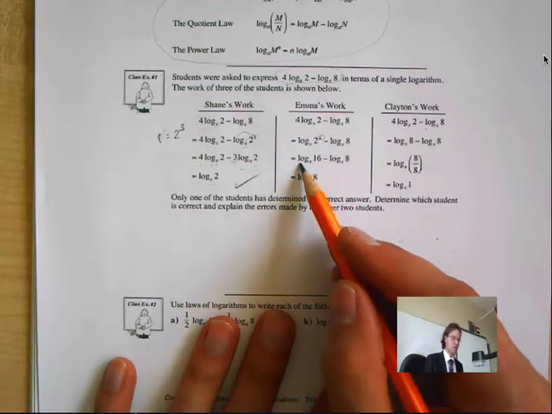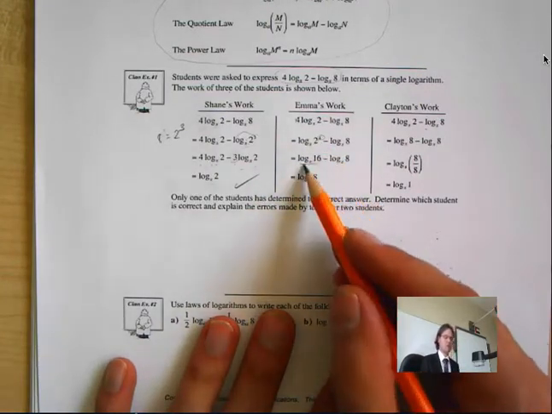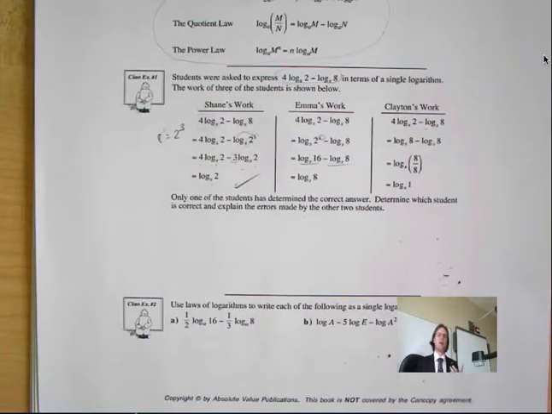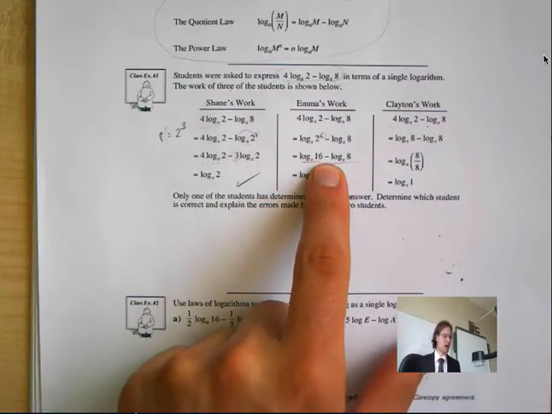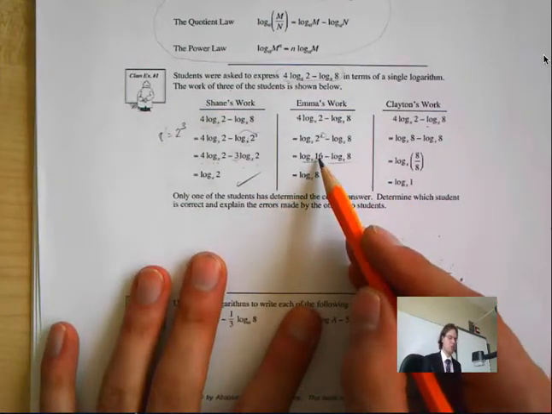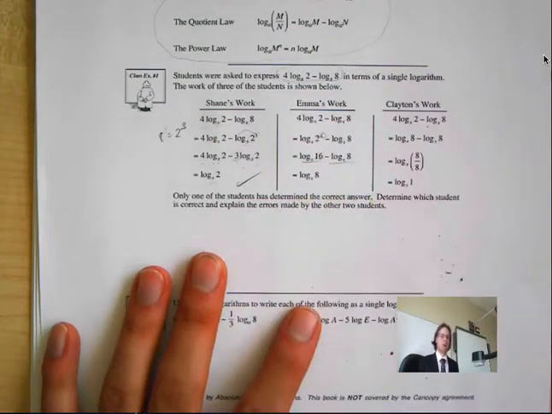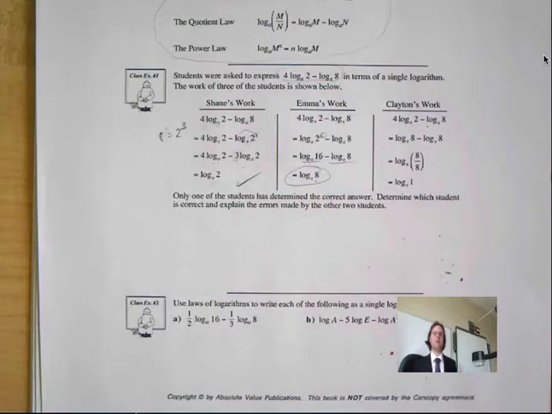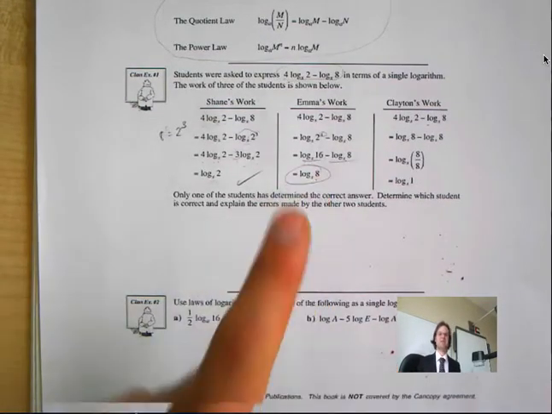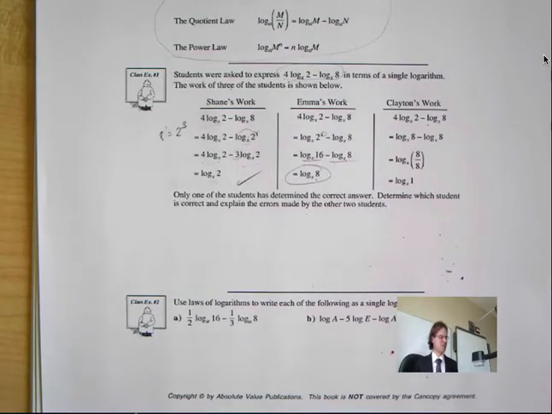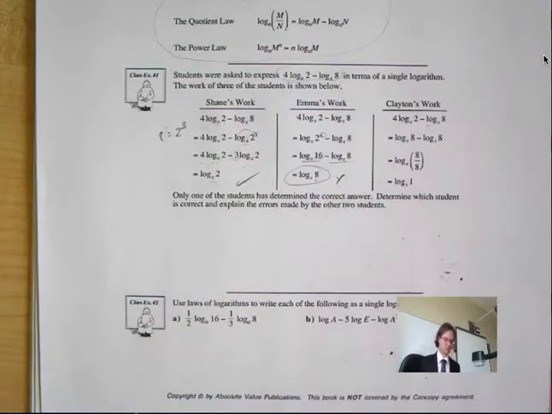So now she has log 16, because 2 to the power of 4 is 16, minus log 8. But now, what happens if we're subtracting? That means division. So we have to go 16 divided by 8. She has log base x of 8. That's not right, so this is wrong.